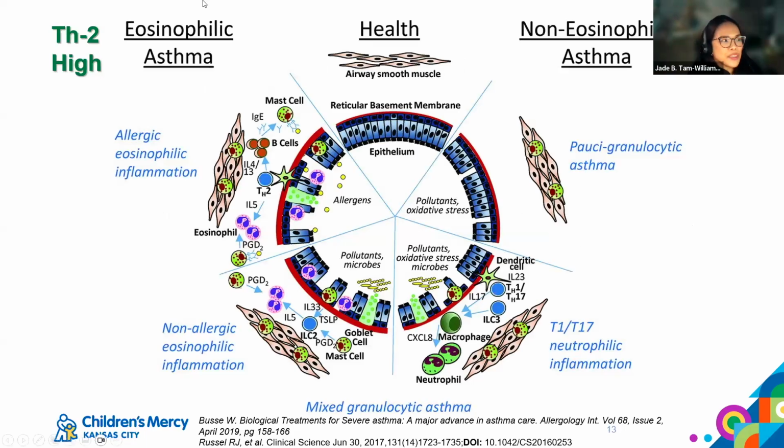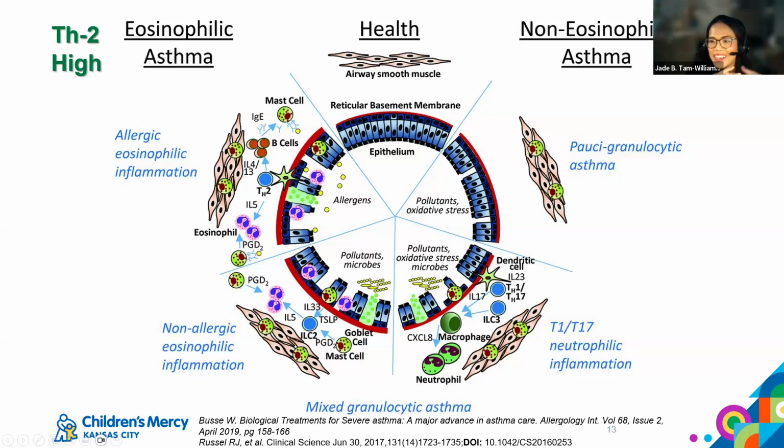So when you look, I don't know if you can see my pointer or not, but when you look at this first group here, up in that top quadrant of airway smooth muscle right under health, you can see that those airway smooth muscles are very nice and thin. They're not thick. You have what we call a reticular basement membrane in the lung.